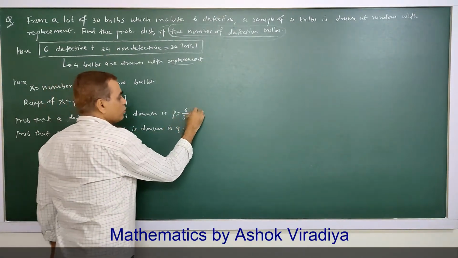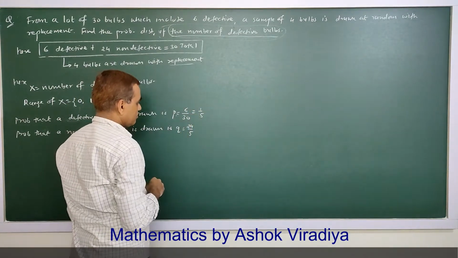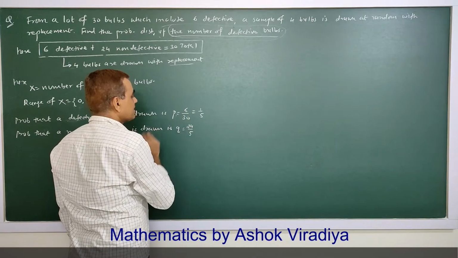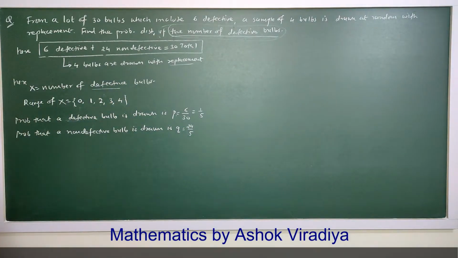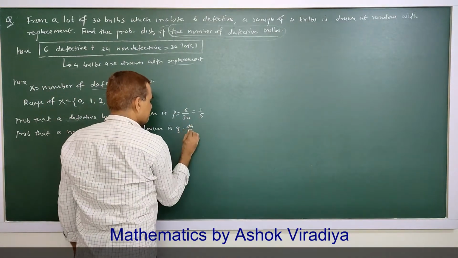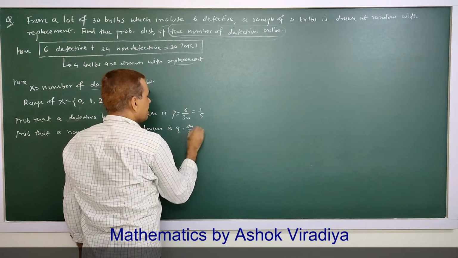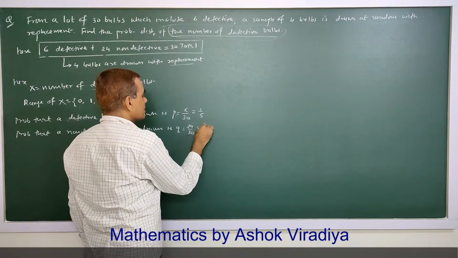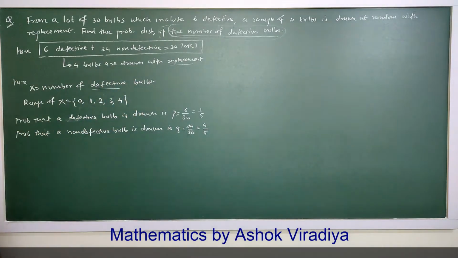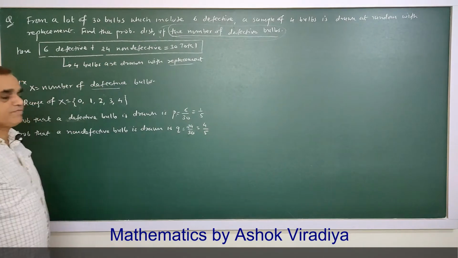This is 24 by 30, which is 4 by 5, since 5 sixes are 30.